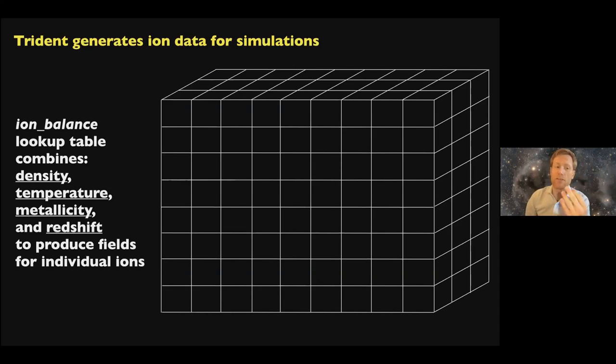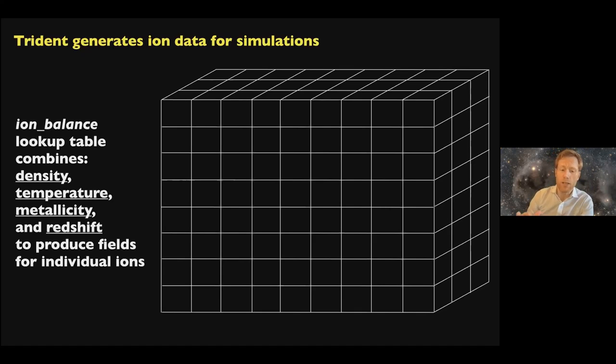And as I said, this isn't by default included in most simulations as they're run. So Trident provides a module called ion balance, which consists of a lookup table that has almost 1 million different elements because it was run almost 1 million times on different Cloudy simulations with different Cloudy initial conditions of density, temperature, metallicity, and in this case, redshift, which tells you something about the UV background at that particular redshift.